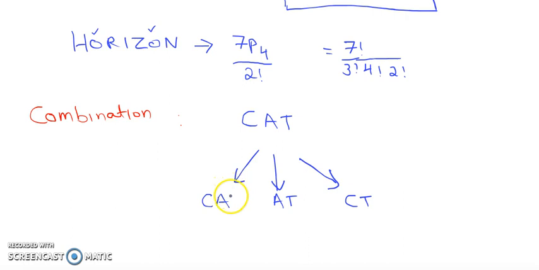because a combination is just a selection. A permutation is an arrangement. In a selection, the order does not matter.